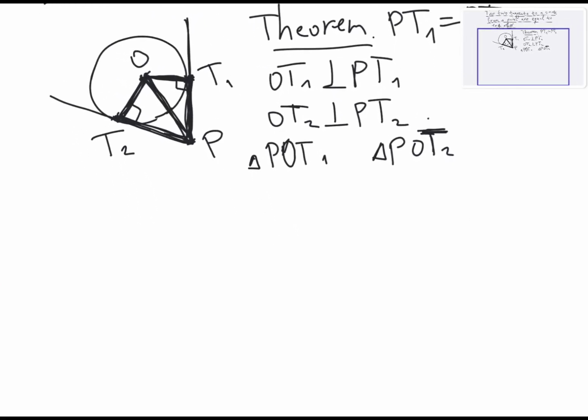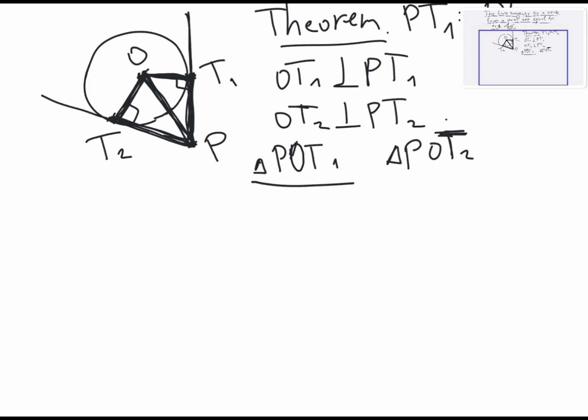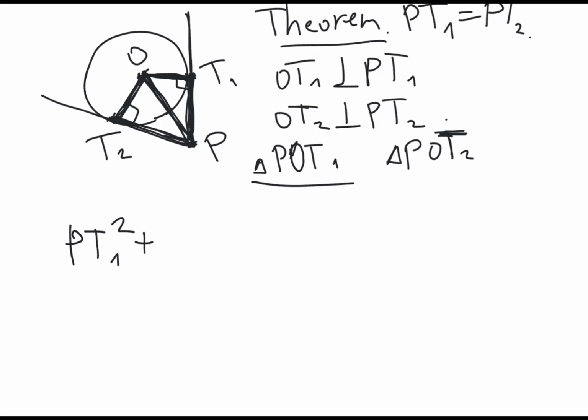So if we consider the triangle POT1, then by the Pythagorean theorem we have that PT1 squared plus OT1 squared is equal to PO squared, right? So then OT1 is equal to the radius of the circle.